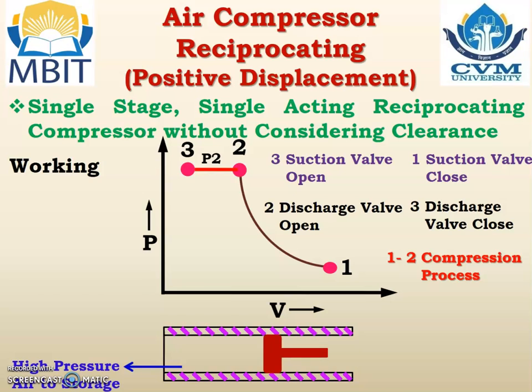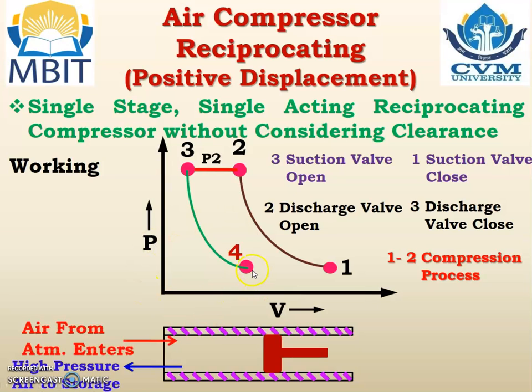So the valve will not open, and air from the atmosphere will not enter. Only what will happen is that the high pressure air here will expand. It means its pressure will decrease, and it will pass through process 3 to 4, which is known as the expansion process.